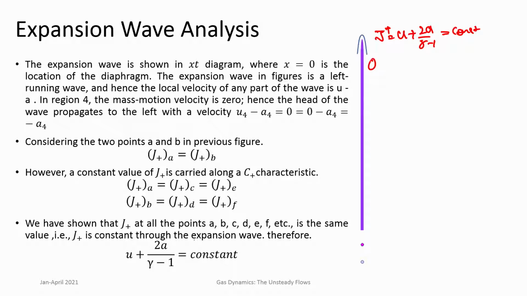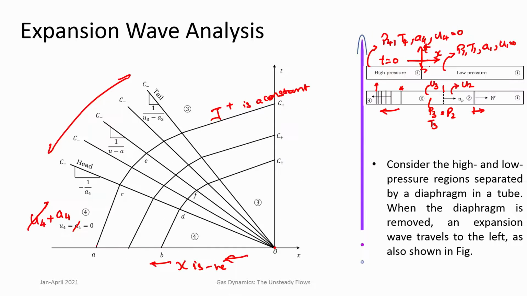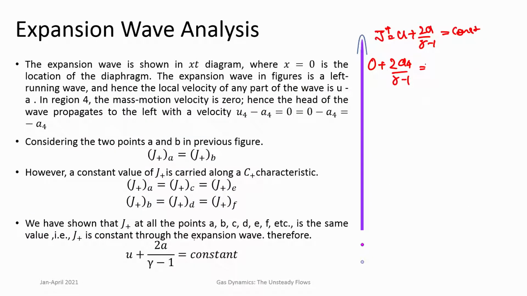So 0 plus 2 A4 by gamma minus 1 is equal to, at any other point along this, U plus 2A by gamma minus 1. So you can now relate A and U, how they vary with each other.